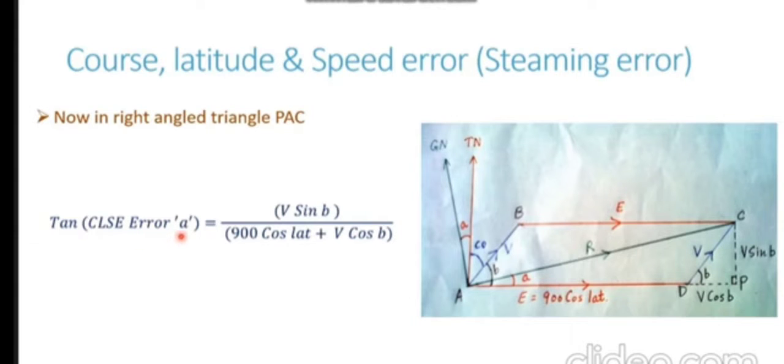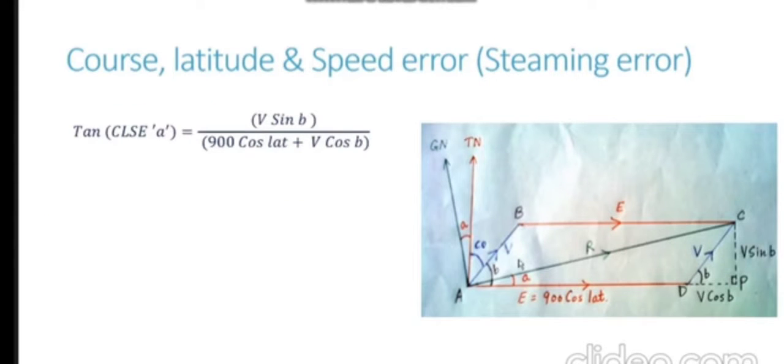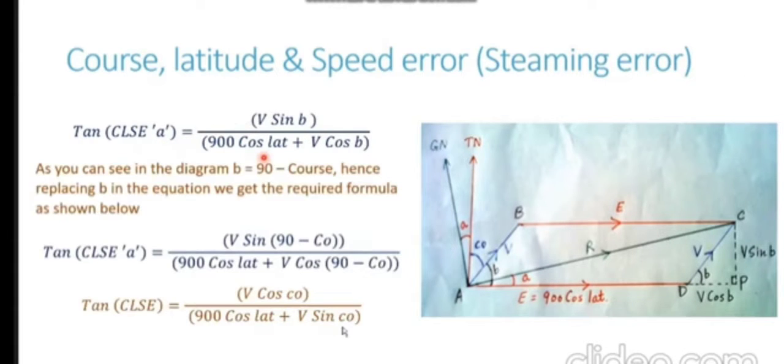Tangent of CLSE or small angle A is equal to perpendicular, which is Victor sine Bravo, divided by the base, which is 900 cos lat plus Victor cos Bravo. So have a good look at this, beta, and let me know your doubts now.